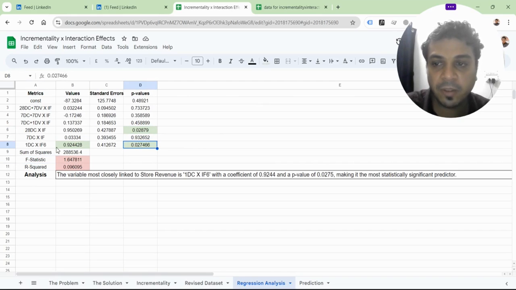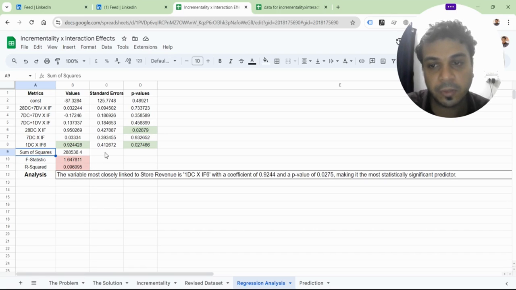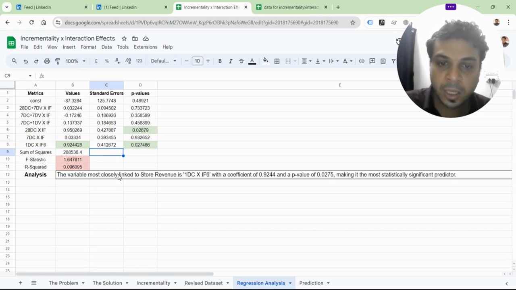But you should definitely look at the p-values and the coefficients as well, in order to make a good overall assessment of this particular model. The sum of squares also has to be lower to be better, because of course this is the sum of residuals, or the sum of errors essentially.